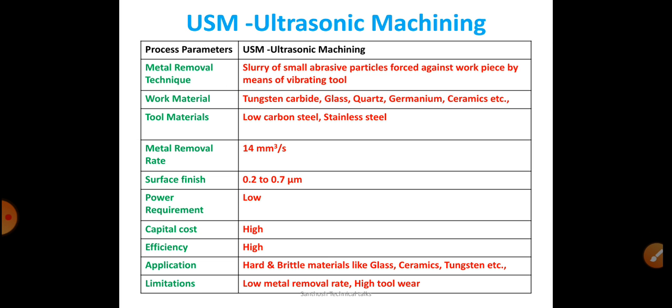Here the process parameters: metal removal is by means of a slurry of small abrasive particles forced against the workpiece by a vibrating tool. Work materials are very hard and brittle materials like tungsten carbide, glass, quartz, germanium, ceramics, etc. Tool material like low carbon steel or stainless steel is used.